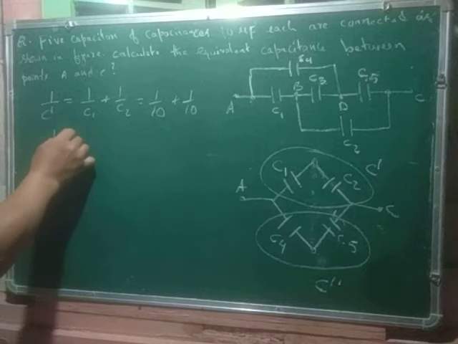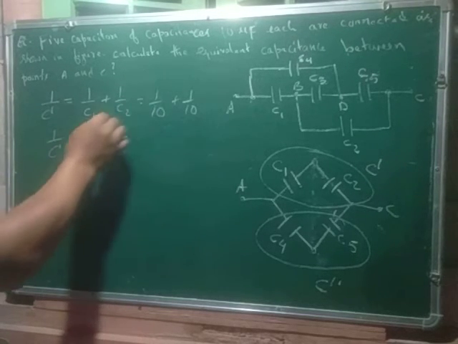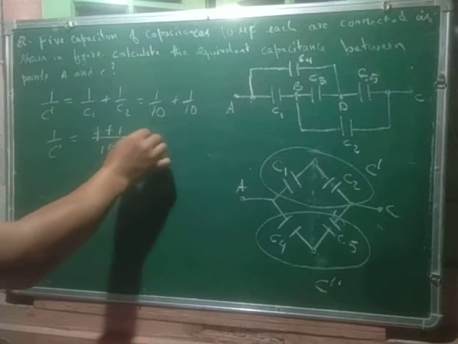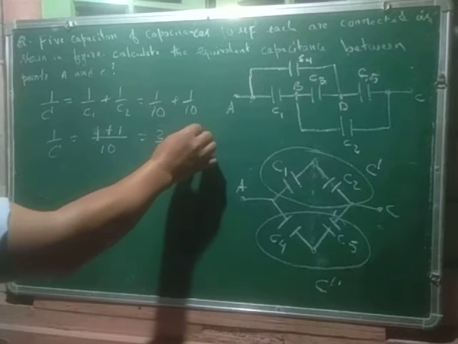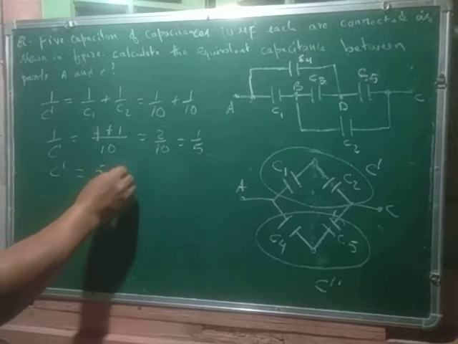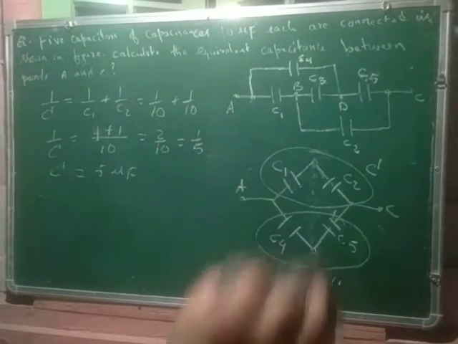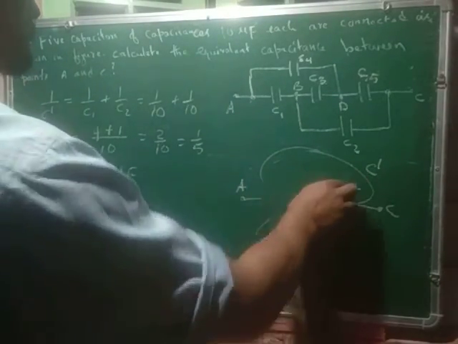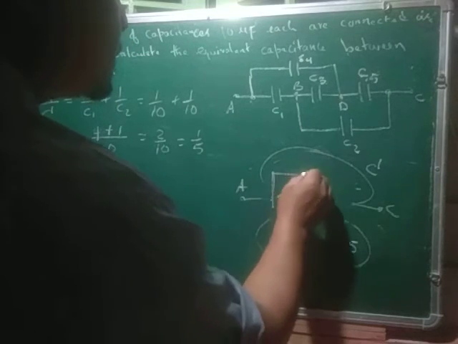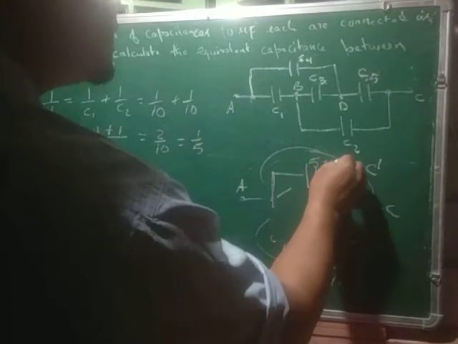The LCM is 10, so the numerator is 1 plus 1, that is 2 upon 10, which equals 1 upon 5. So your C dash is equal to 5 microfarad. Therefore I will drop these and have just one capacitor, C dash, equal to 5 microfarad.